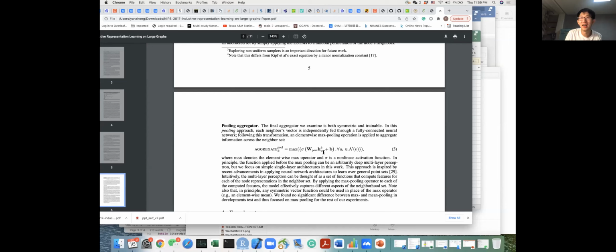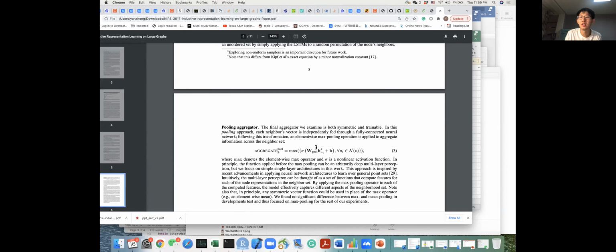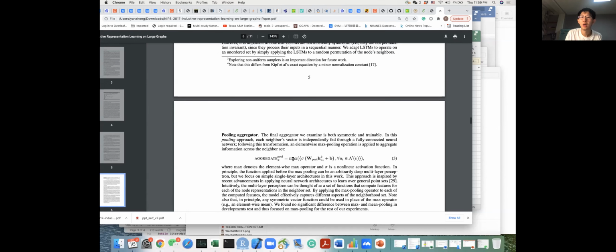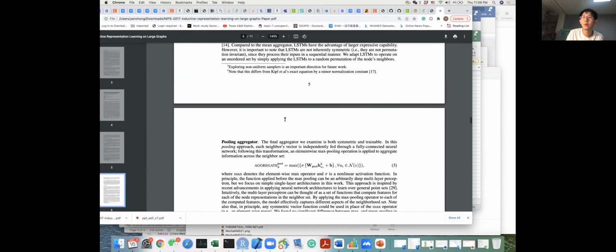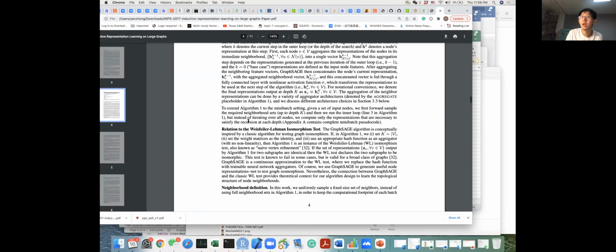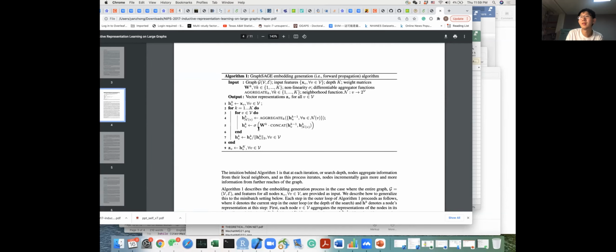And as I said, we can also include the self-attention idea to build the aggregate function. But after you use the aggregate function to generate a neighborhood feature, the next thing is just a one layer neural network. So all the things are included in this step.